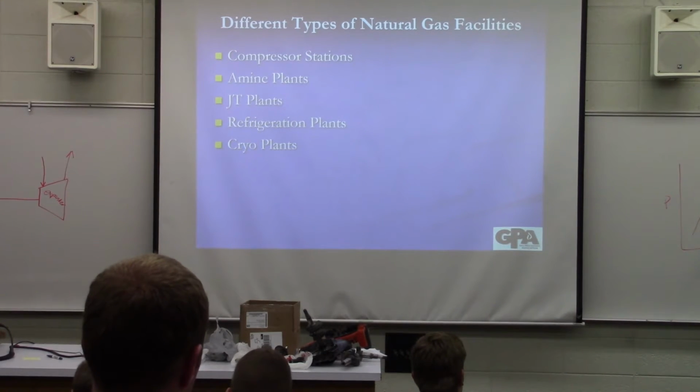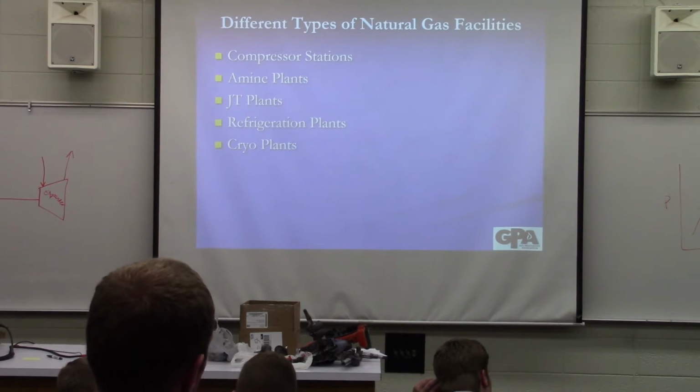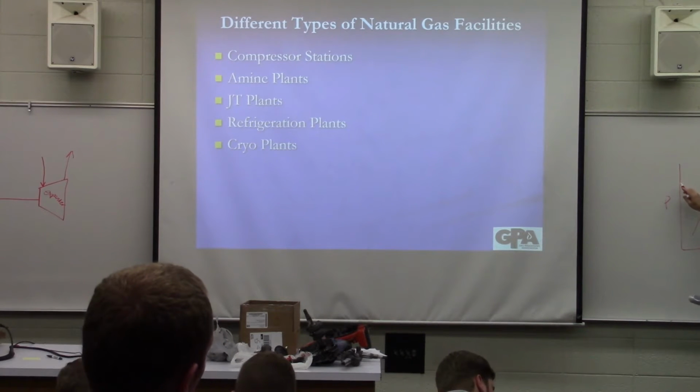So this is your phase envelope. This is the bubble point then, correct? And this is the dew point. You guys know this stuff a lot better than me. So let's say this is mostly methane, but there are other components in there that make up this phase envelope.